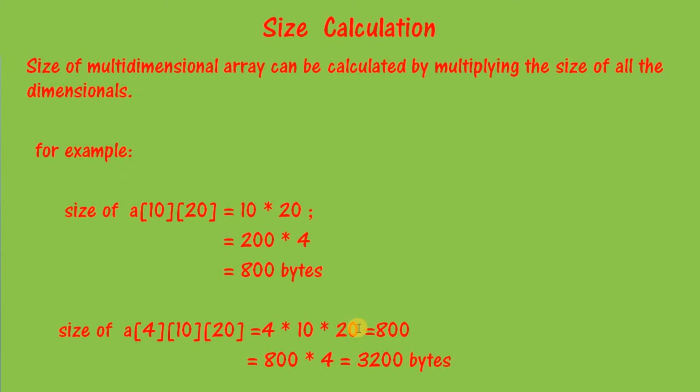Always remember that if I want to determine the size in bytes, then I have to multiply 800 into 4, which means 3200 bytes. Here I multiply 800 by 4 because I am assuming the size of one integer in my machine is 4 bytes, and it can be anything, depending from machine to machine.